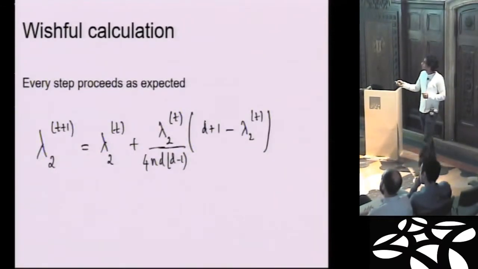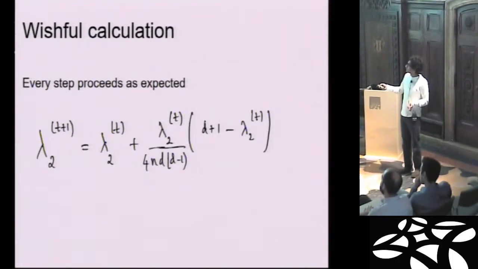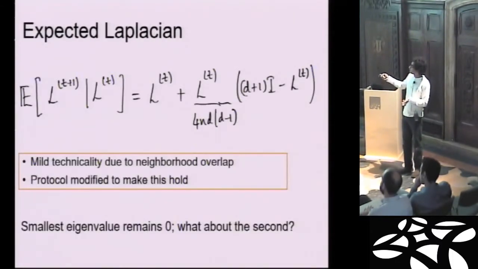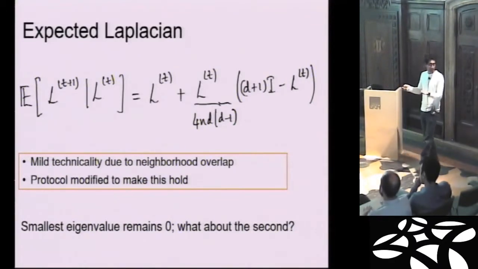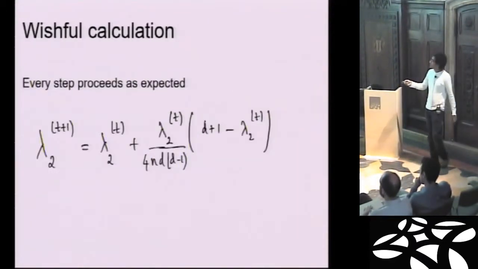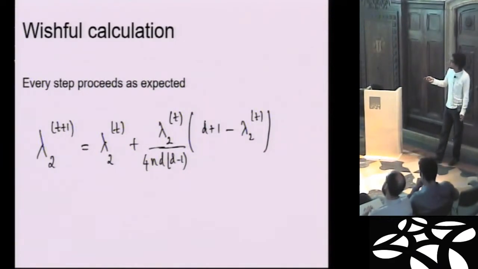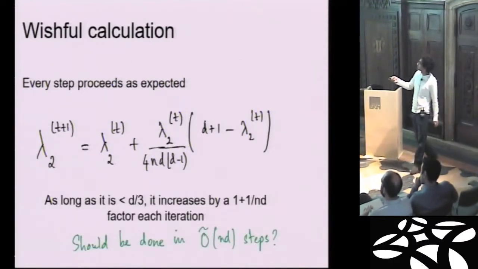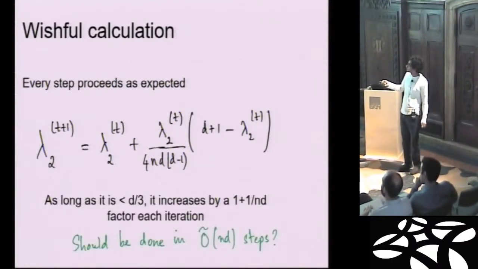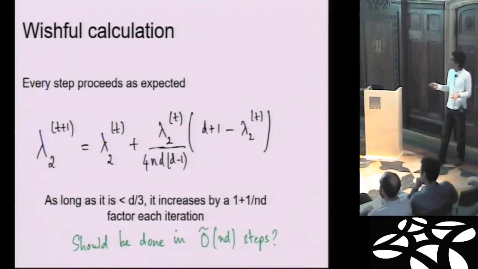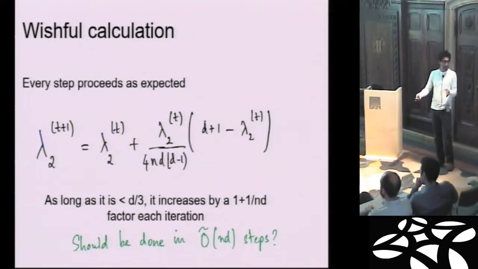Here the eigenvalues evolve the same way as the matrix does, because these all have a common diagonalization. So the second eigenvalue actually improves by this factor. As long as lambda 2 is small enough, I mean, if lambda 2 is already big, then it means that you're already an expander.